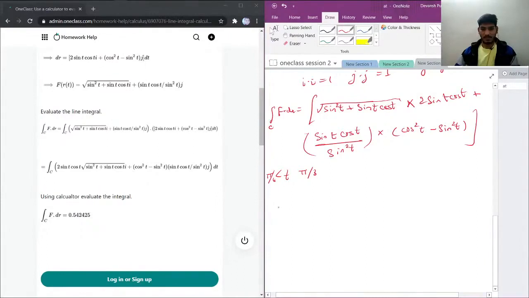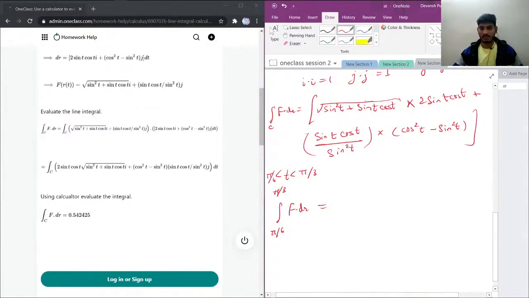So the integral is going to be from pi over 6 to pi over 3 of f dot dr, and let me just use my calculator and find this value. If I use basic integration, this will become sine of 2t.